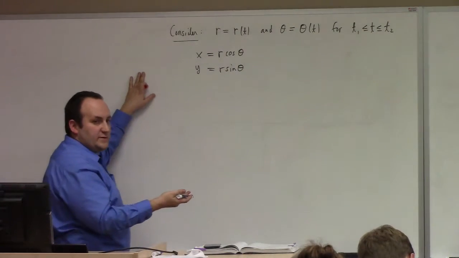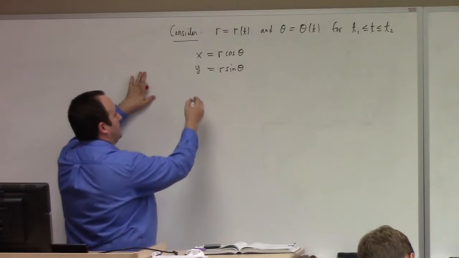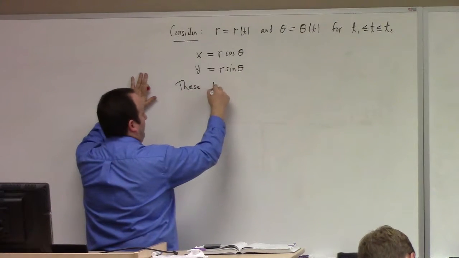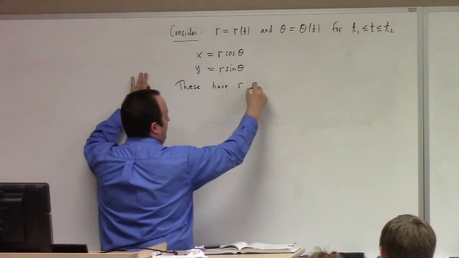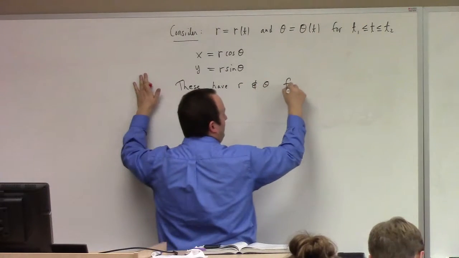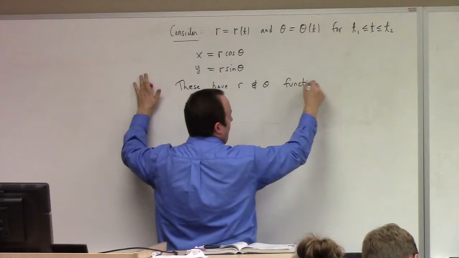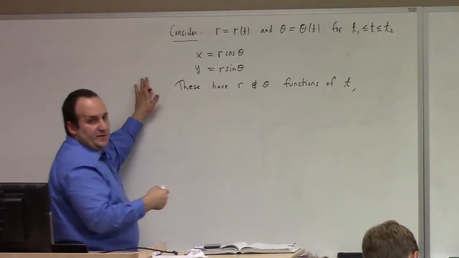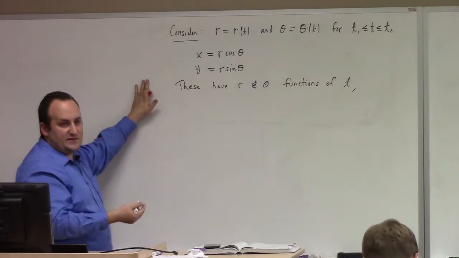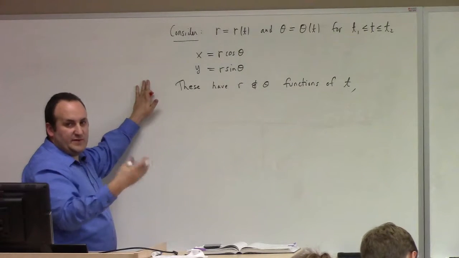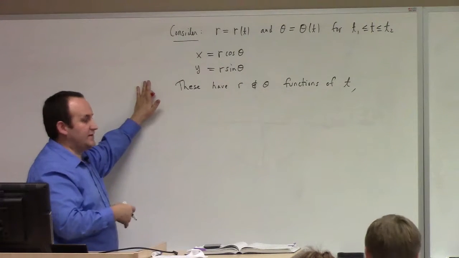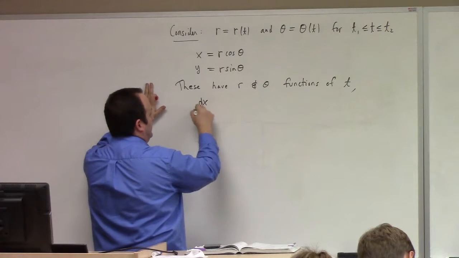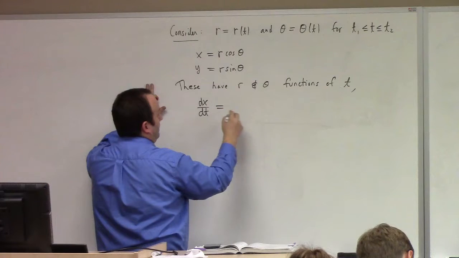When we differentiate these, what do we have to do? They have r and theta as functions of time, right? I made it explicit over there. The function of time was t and 2t. But let's be a little bit more abstract. Let's just say arbitrary functions of time, okay? So to differentiate, dx dt, what do we get?